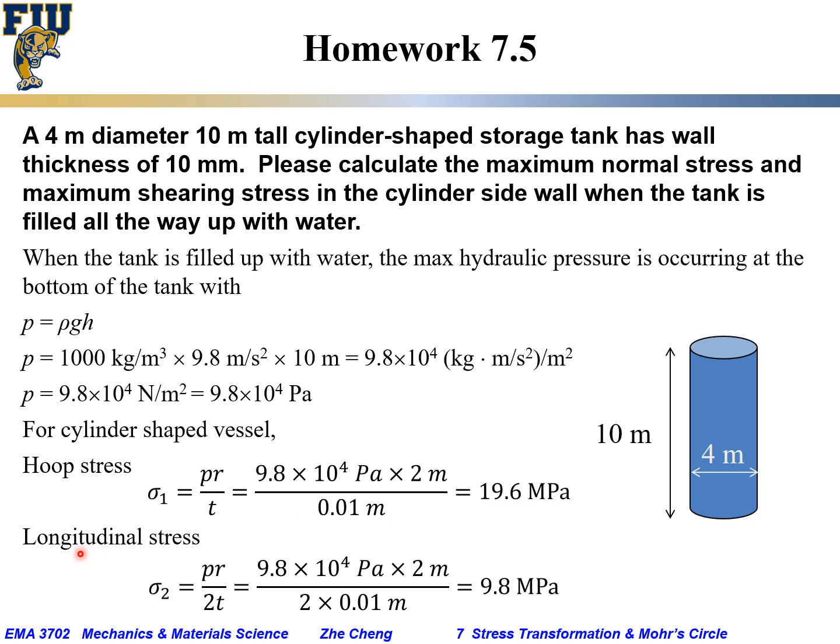Okay, the longitudinal stress, which is along the long axis of this cylindrical vessel, would be PR/2T. The longitudinal stress helps prevent the cylinder from getting longer, and that would be 9.8 times 10 to the power of 4 Pascal times 2 meter over 2 times the thickness, and it comes out to be 9.8 megapascal.